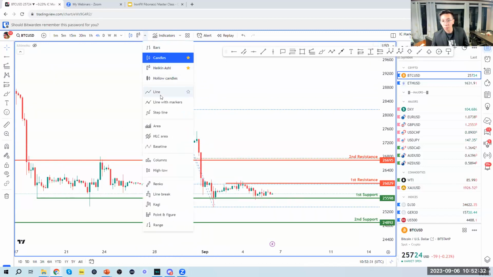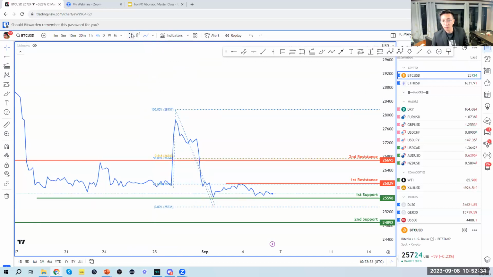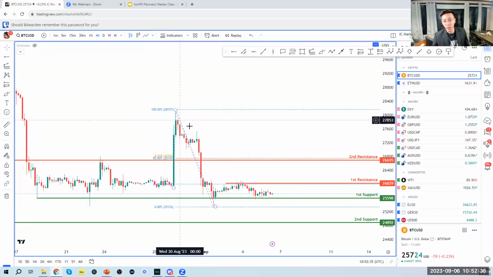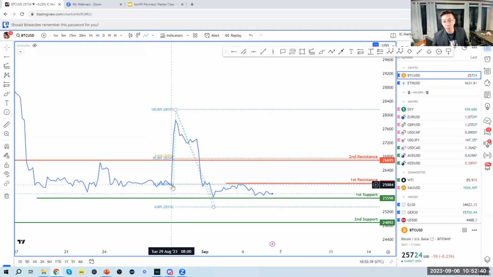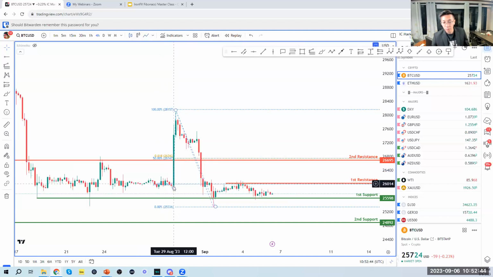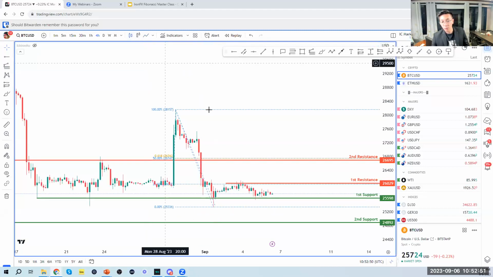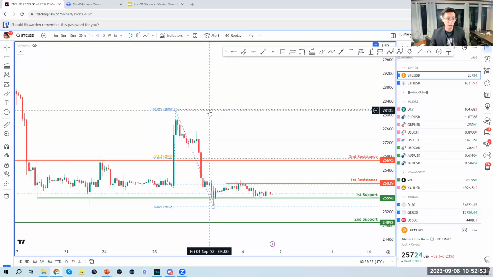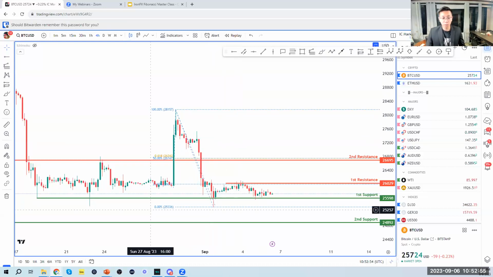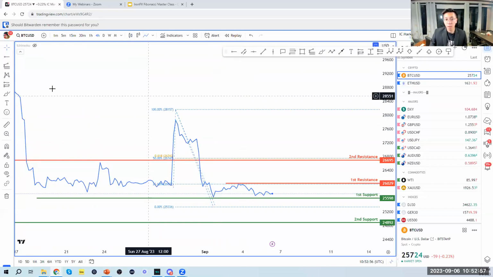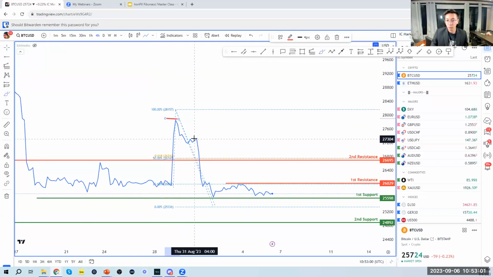Sometimes, rarely, if I can't really see, I will use the line chart, and then I'll pick these lows right here. Then I will draw to the highs over here, and then to the lows, just to make sure that I'm not missing out the peaks, because on the line chart you can see that these are the max of the candlestick, right?